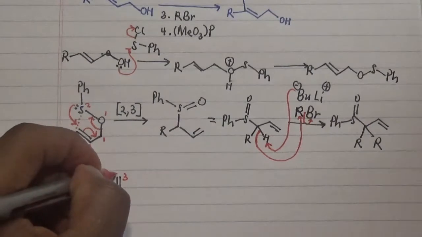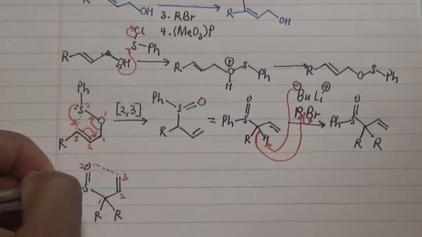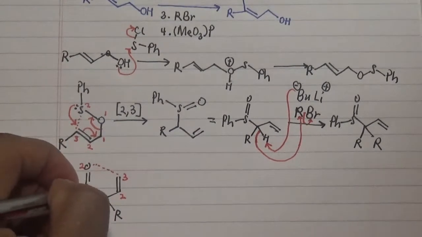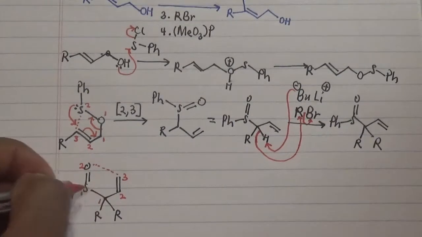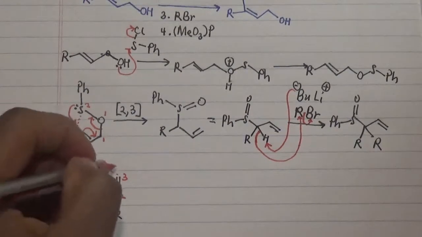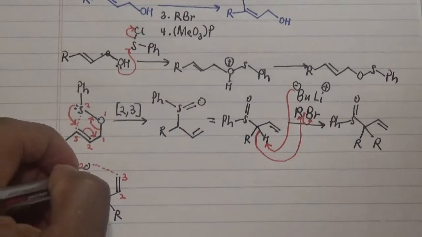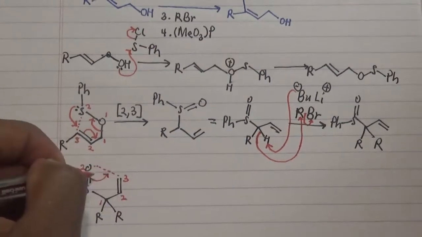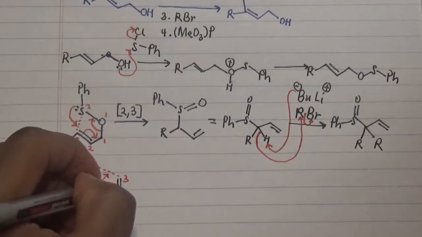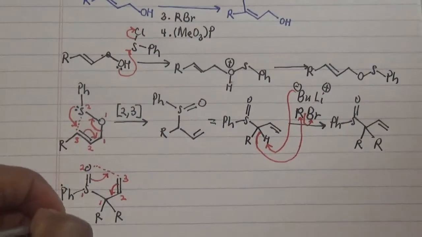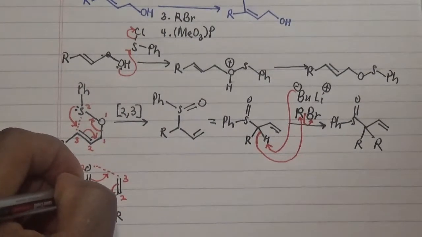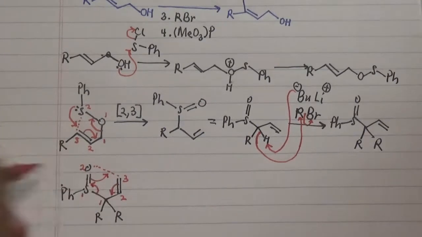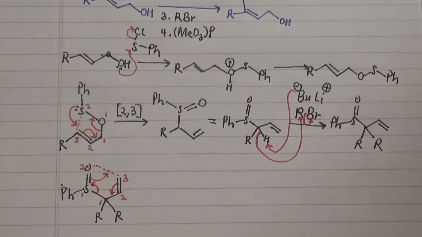So in this case, I'll reform my sigma bond here, and in here this will be the breakage of our sigma bond. So what happens here is that while this particular pair becomes a sigma bond in this region, this forms a double bond here, and this forms a lone pair on this particular sulfur.